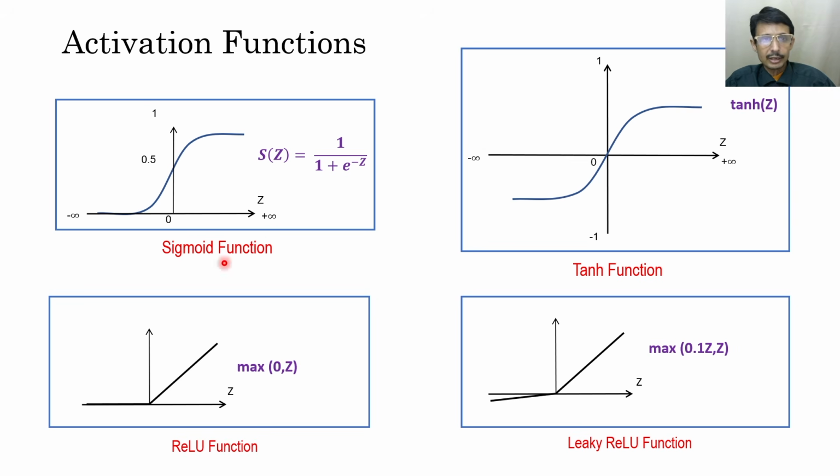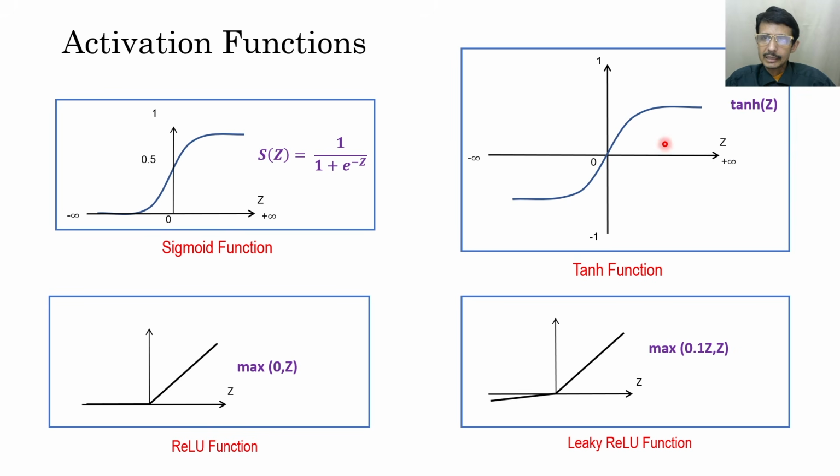First of all, sigmoid nonlinearity, where s of z is equal to 1 by 1 plus e to the power minus z. We have gone through this many times, and this is its curve. Its close variant is the tanh function, the hyperbolic tan, which is a kind of shifted sigmoidal function centered at 0. Another is the ReLU function, where for z greater than 0 there are positive values, and for z less than 0 it is 0.